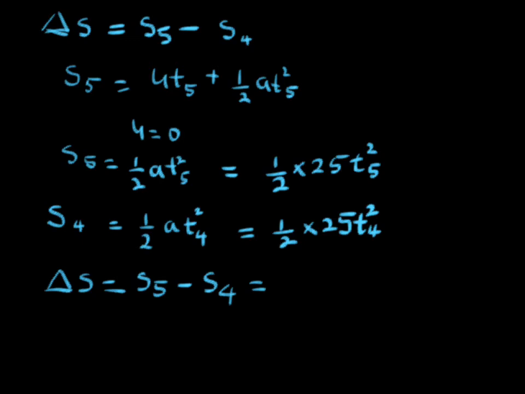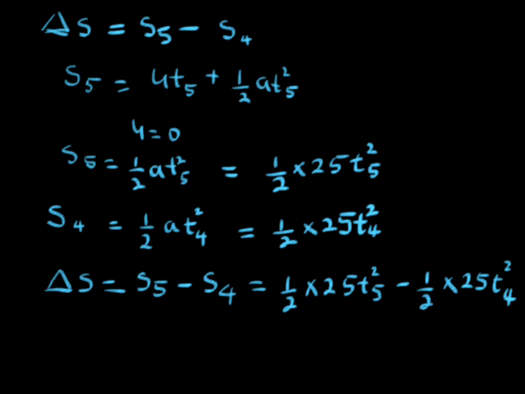Since we have solved that the distance covered in the fifth second is 1 over 2 times 25 t square in the fifth second, and the distance covered in the fourth second is 1 over 2 times 25 t square in the fourth second, we subtract them. It's going to give us 1 over 2 times 25 t square in the fifth second minus 1 over 2 times 25 t square in the fourth second.